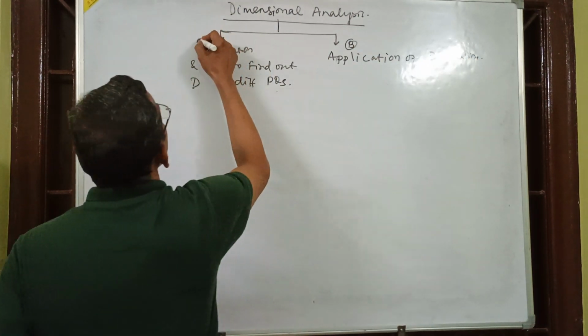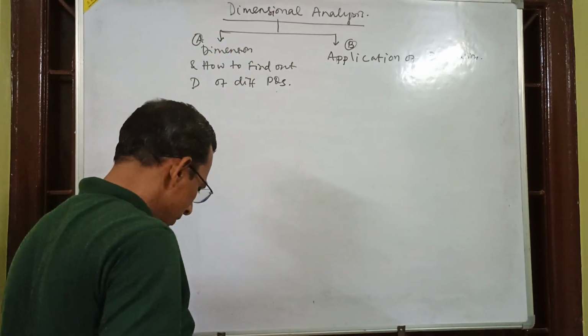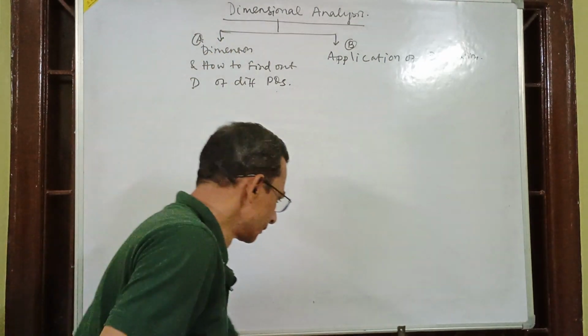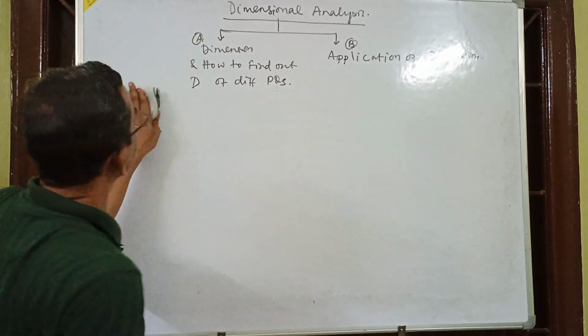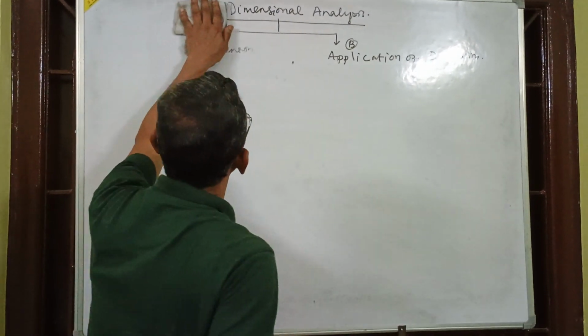This is part A and part B. Now, under what is dimension and how to find the dimension of physical quantities.